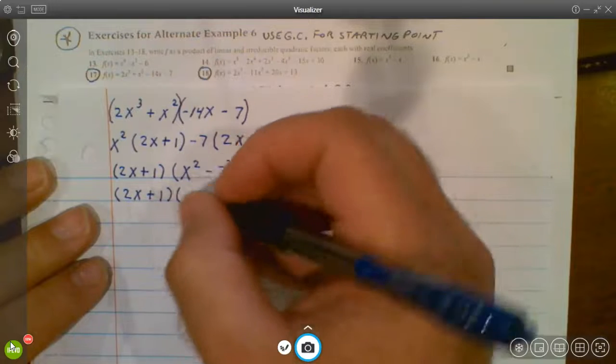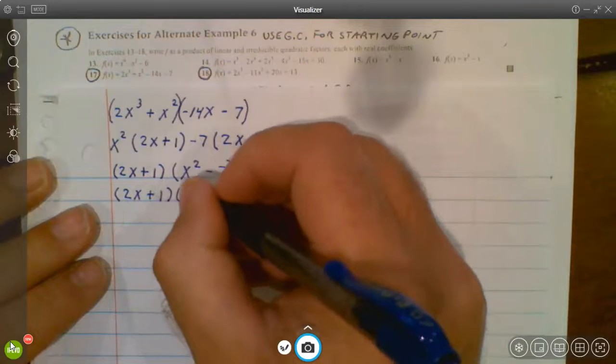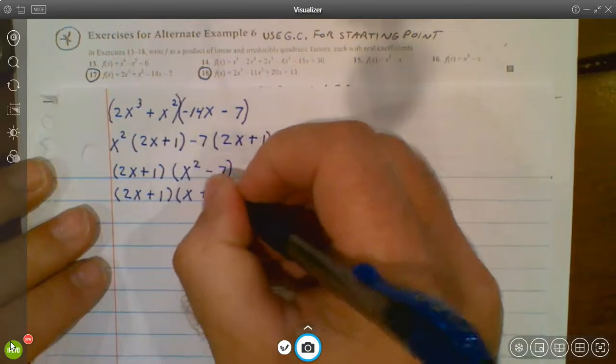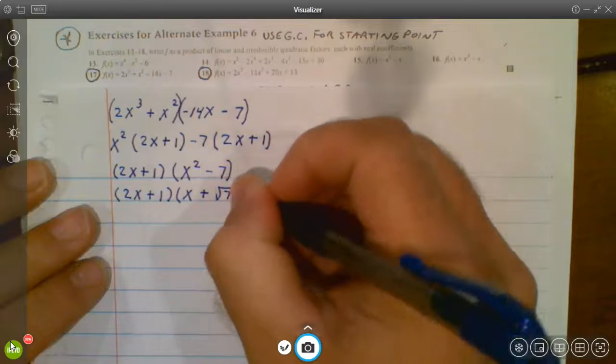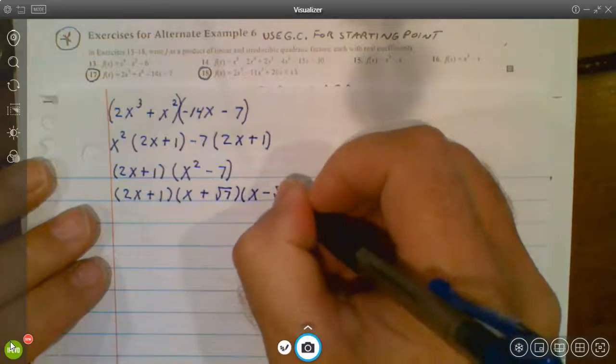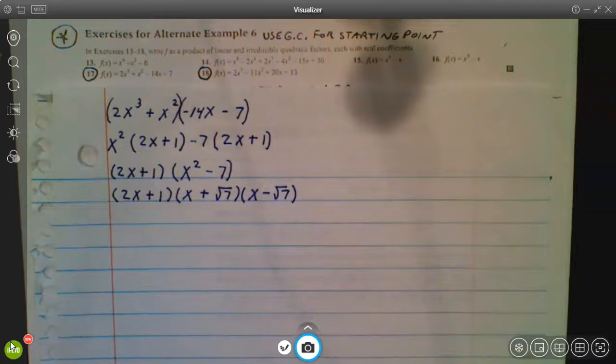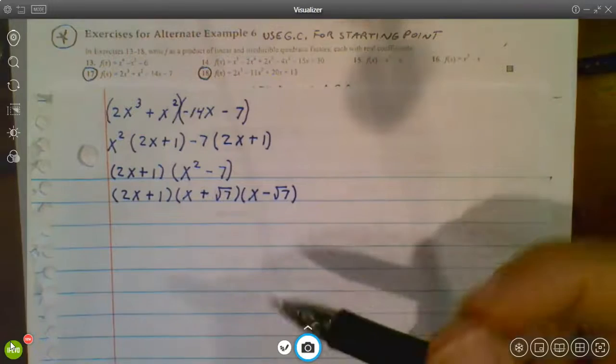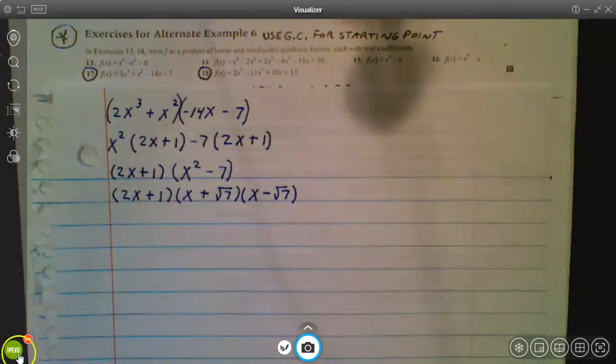So I can write this as x plus root 7 and x minus root 7. Those would be my linear factors, so they're all x to the first. I did not need any imaginary numbers. If you were to graph this, you see it's x to the third. You would see three x-intercepts on this graph, implying that all three of your zeros are real zeros.